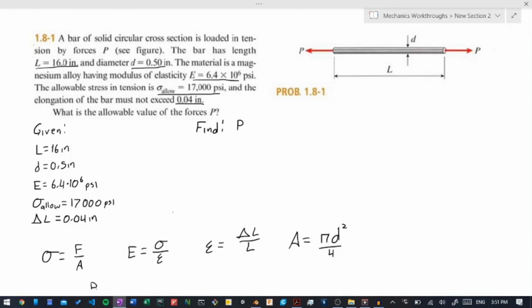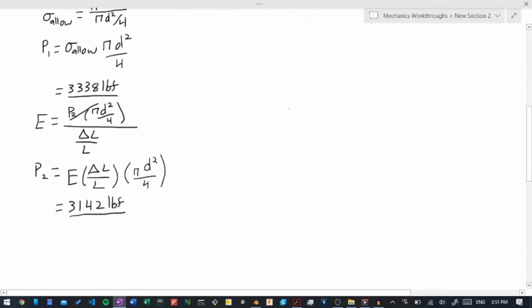So if the P is too high, then it will exceed what is allowable. So that means we need to choose the smaller P, and that will be P2. So P for our final answer equals P2, which is 3142 pound force.